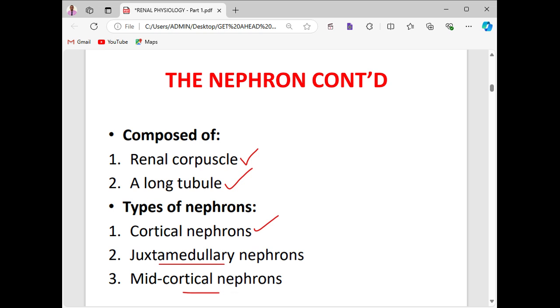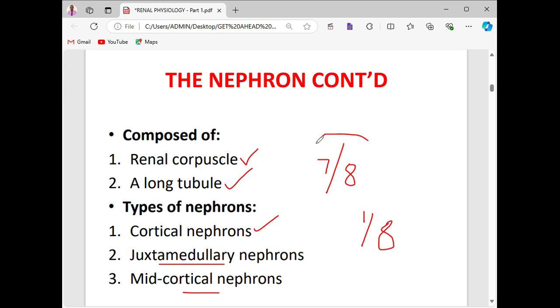In humans, about 7 out of 8 nephrons are cortical nephrons, and then 1 out of 8 are basically juxtamedullary nephrons.